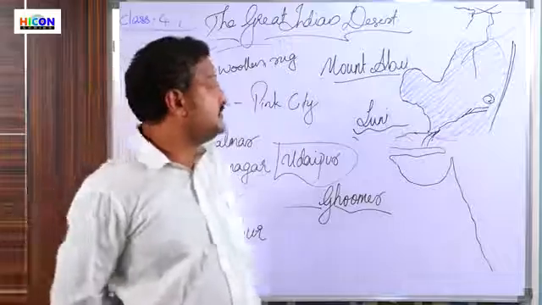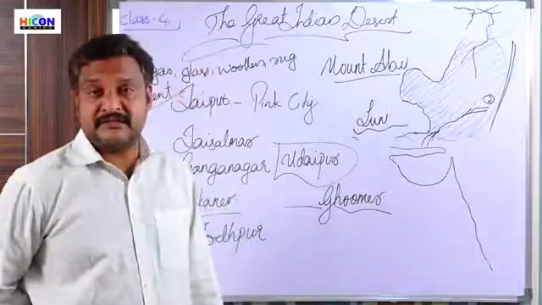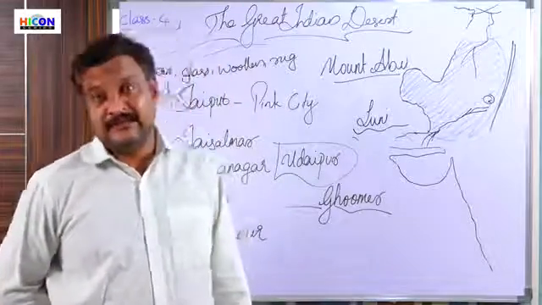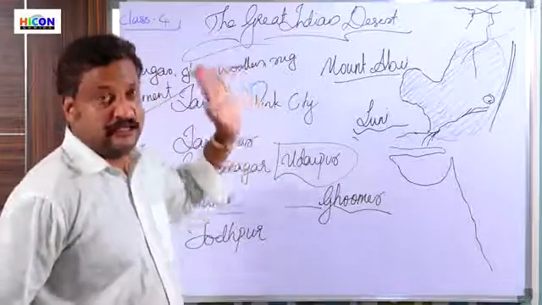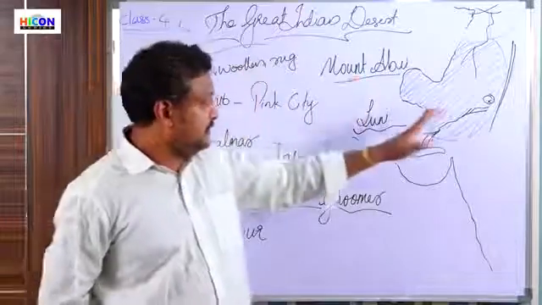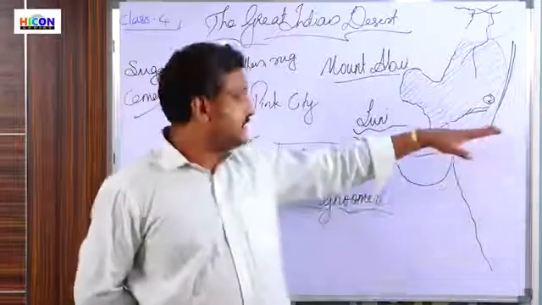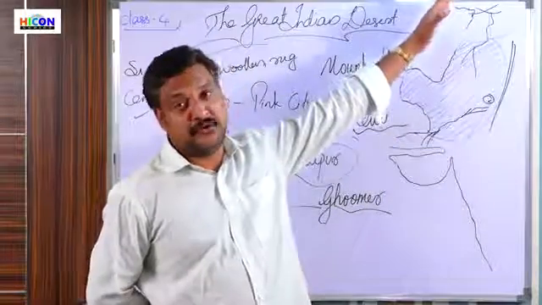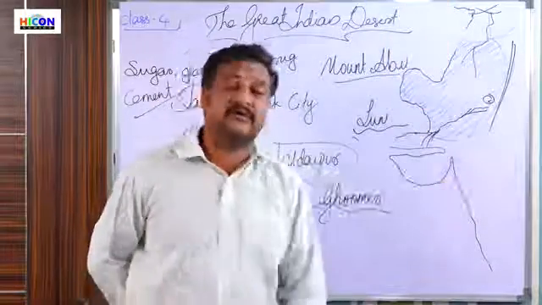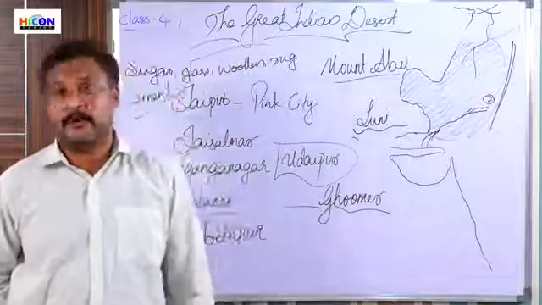So the Thar Desert or the Great Indian Desert actually lies on the western side of the northern plains. A major part of the state of Rajasthan is there in that. It extends from the Rann of Kutch region in the south to Haryana in the north, and in the east, the Aravalli ranges are the boundaries.